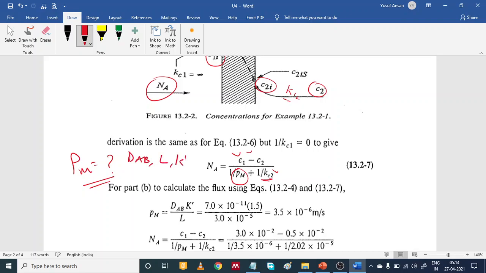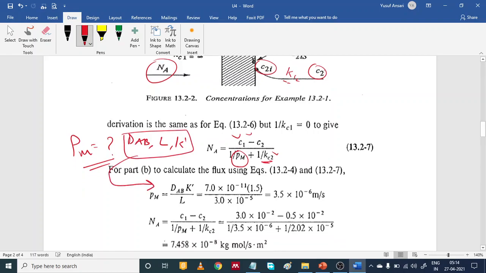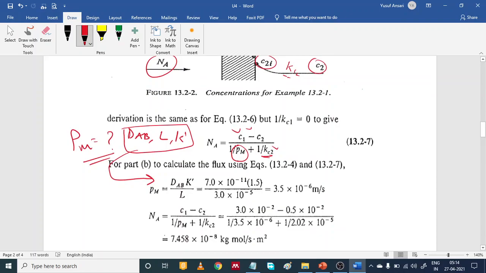These three parameters give the formula for rho m: DAB K dash upon L. DAB is given as 7 into 10 to the minus 11, K dash is 1.5, L is 3 into 10 to the minus 5. Calculating these, you get rho m as 3.5 into 10 to the minus 6 meter per second.